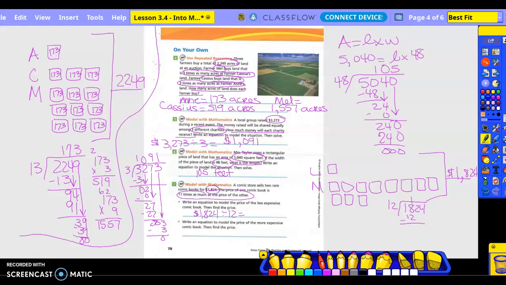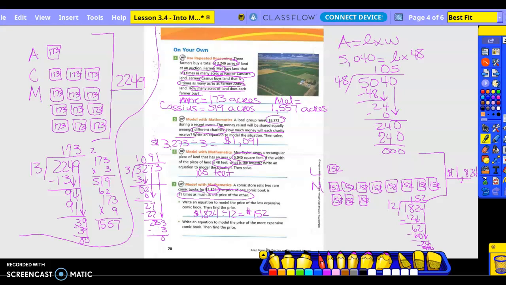Minus 12. 6. 12 into 62. 5. 12 times 5 is 60. 2. Bring down the 4. 12 into 24. 2 times. Minus 24. Nothing left over. So in each box we have 152, so the least expensive comic book is $152.